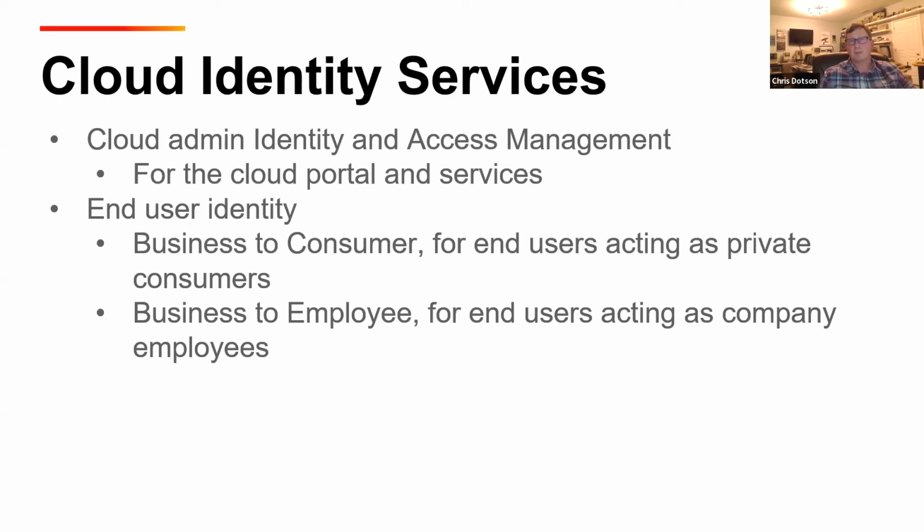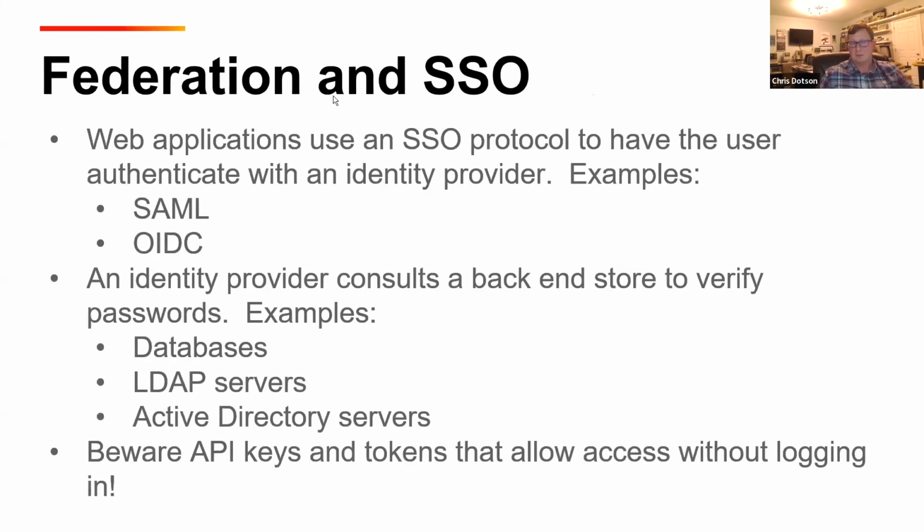I'm not going to cover a whole lot about federation and single sign-on at this point, but it is important to note that I can have an identity in one place, I can have an identity in another place, but I can use a different thing to authenticate me. And that goes back to the social logins.